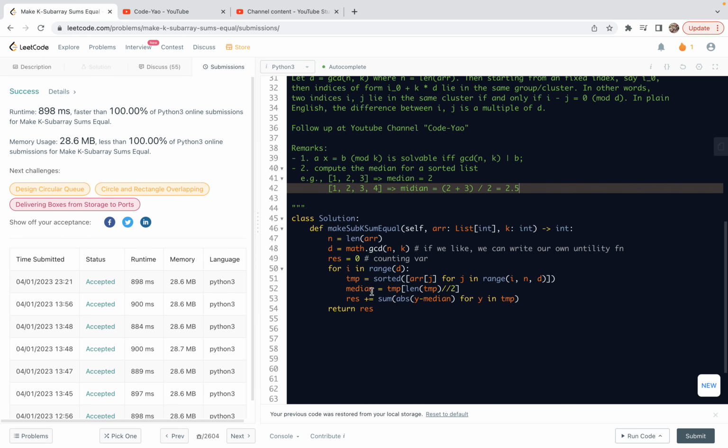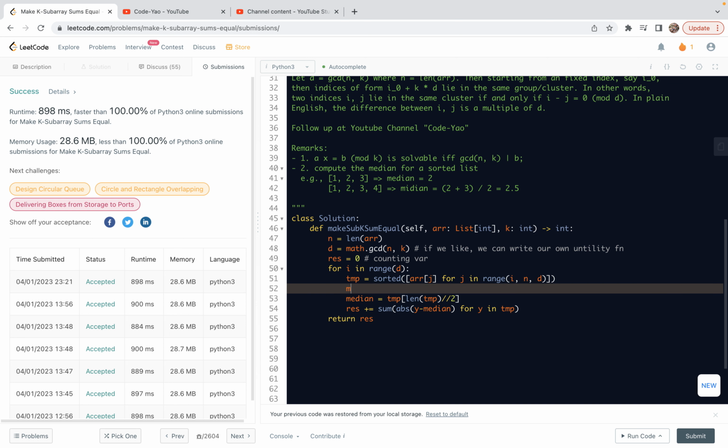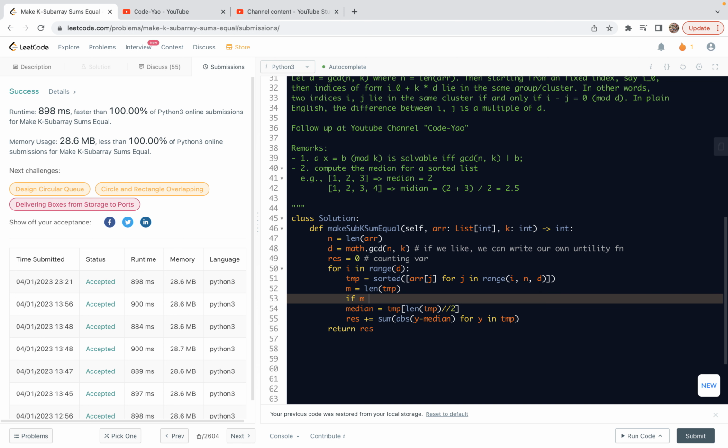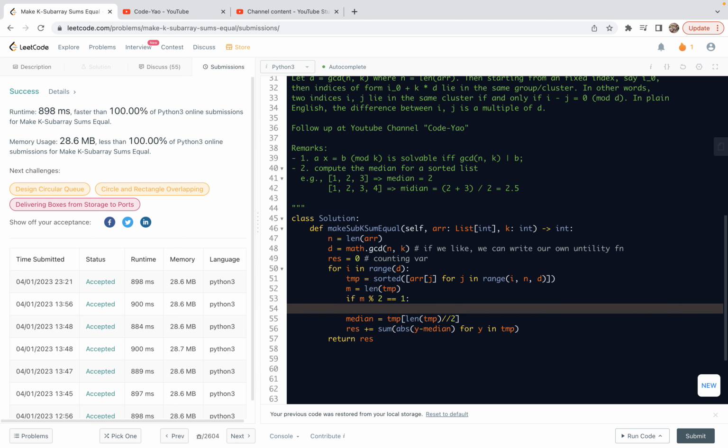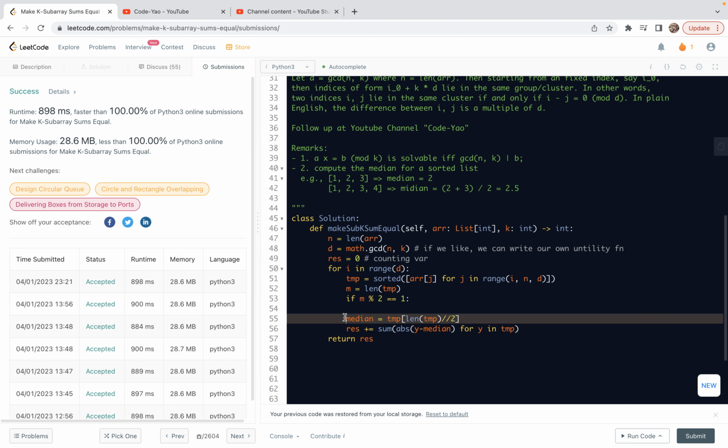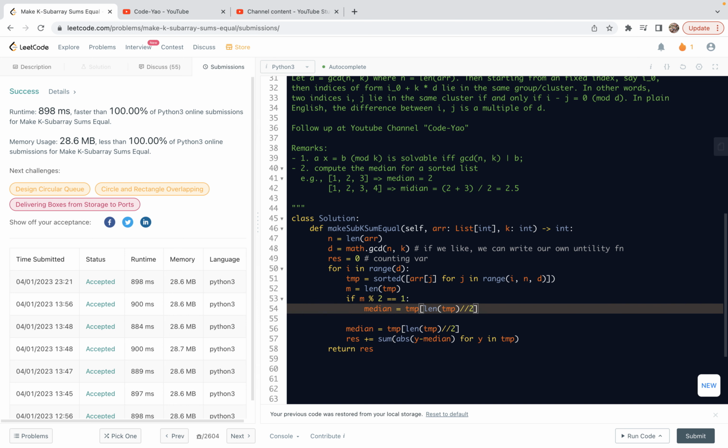So here we didn't consider the length. If we consider the length, it might also be good. Let's see, m equals the length of temp, right? If m modulo 2 is 1, in other words, it's odd, like this one, we just need to do this: median will be this.